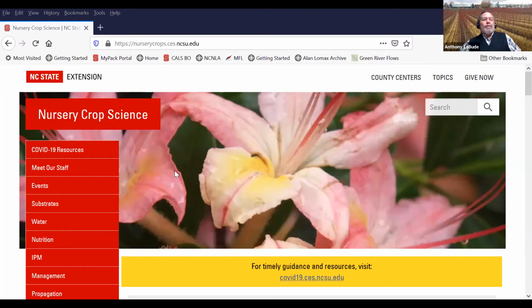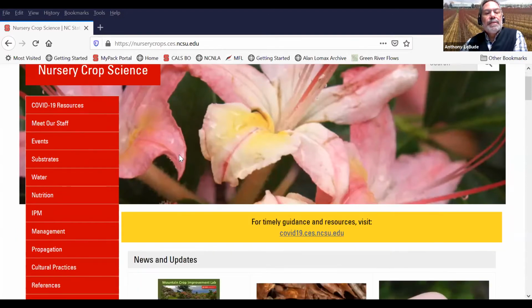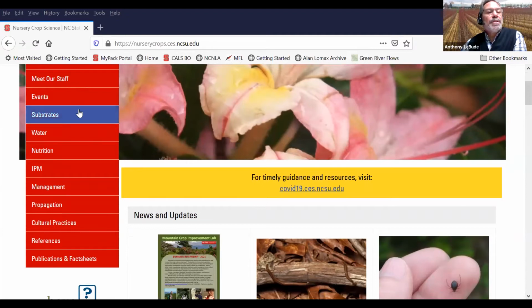So cooperative extension does have many resources, and we just introduced the Nursery Crop Science website that you can see at the top at nurserycrops.ces.ncsu.edu, and I broke it down into main themes for nursery productions. You can see on the left here: substrates, water, nutrition, IPM, management, propagation, and so forth.